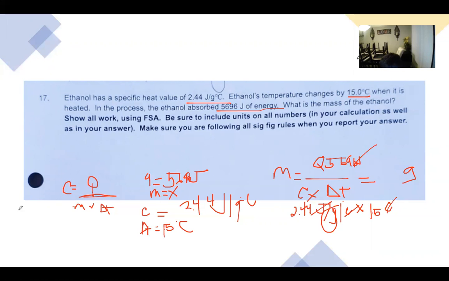Does that make sense? Yeah. So then I'm just gonna use it.